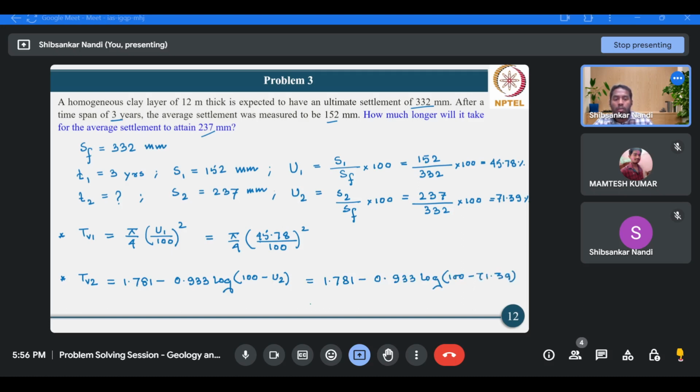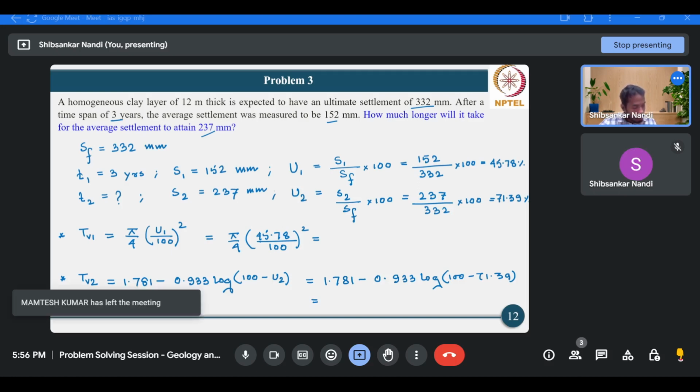If we calculate, for the first one it will be 0.1646, and for the second case, your TV value would be 0.4221.